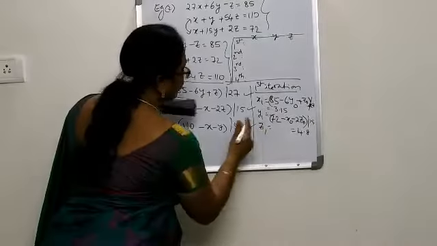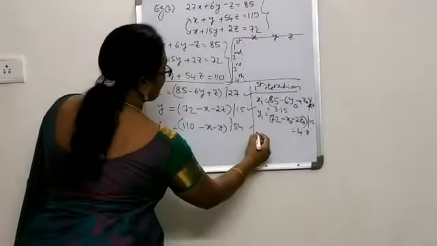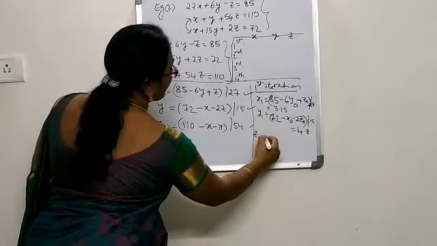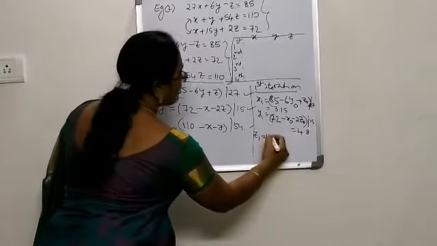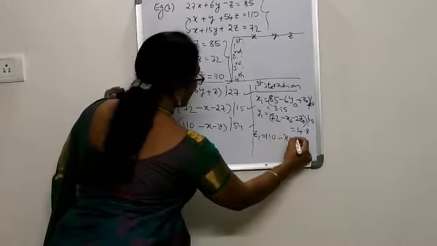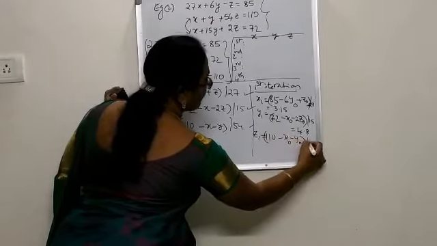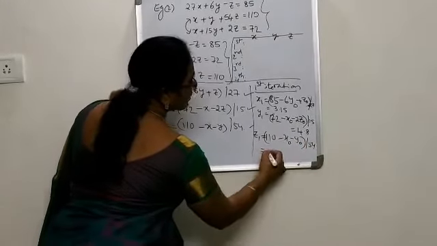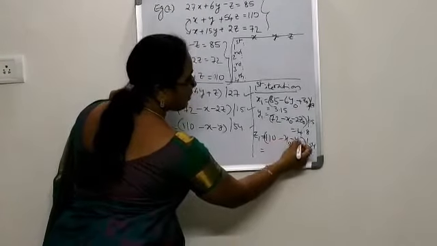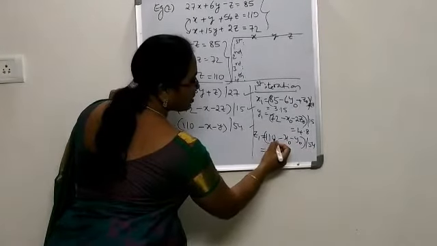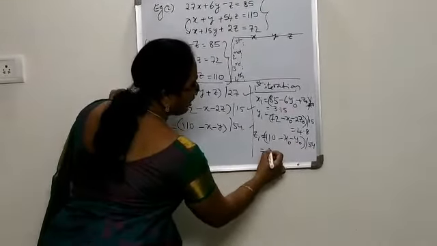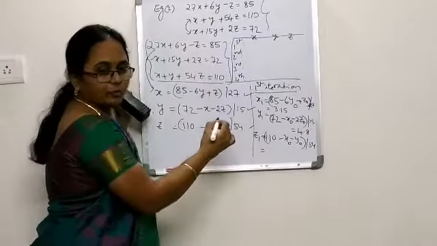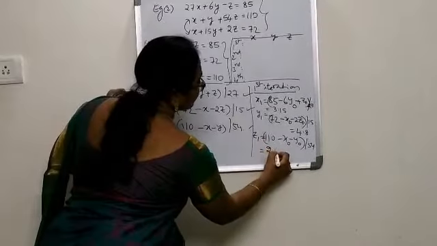The next is the value of z1. From our expression of z, we can write z1 equal to 110 minus x0 minus y0 upon 54, which gives us 110 minus 0, which is 110 by 54. The value we are going to get is 2.04.